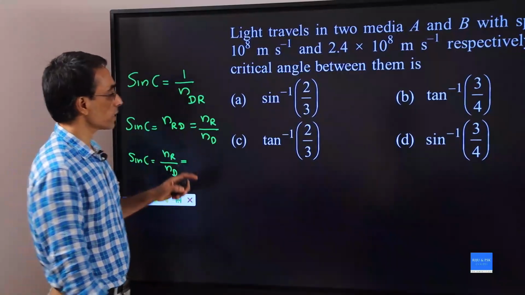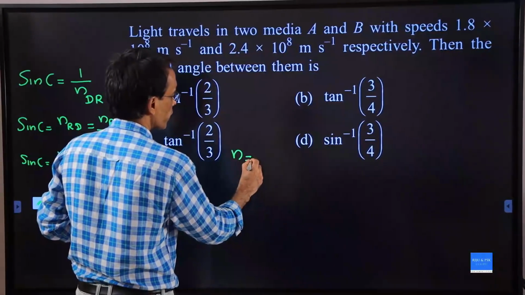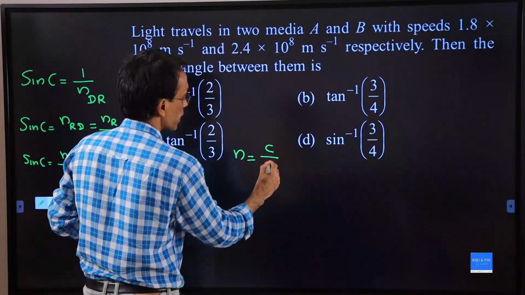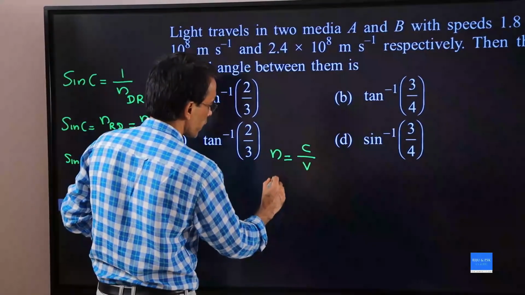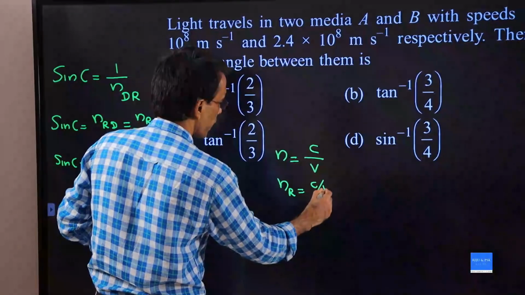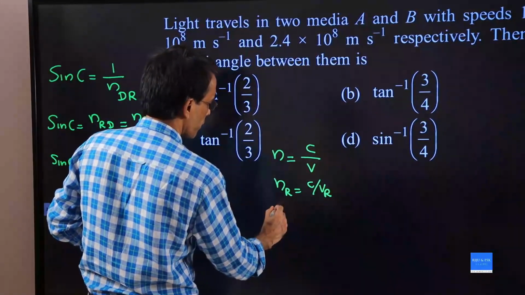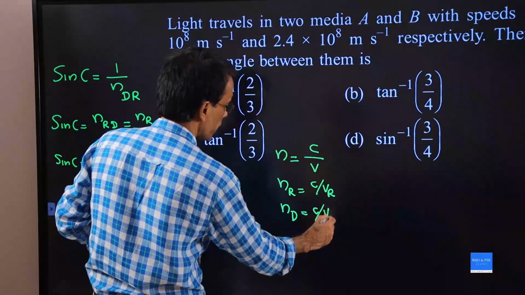Now let us consider the definition of refractive index. Refractive index is always C divided by V. So the refractive index of the rarer medium is equal to C by velocity in the rarer medium. Similarly, n denser is equal to C by V denser.